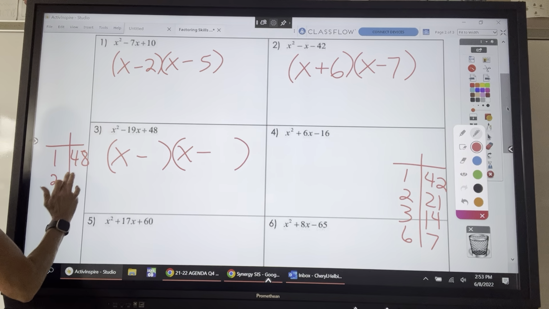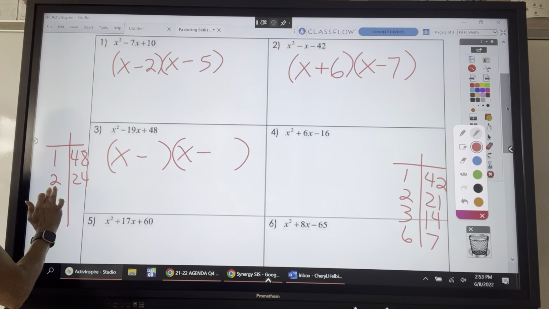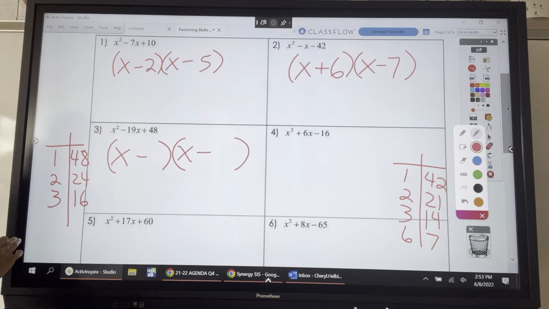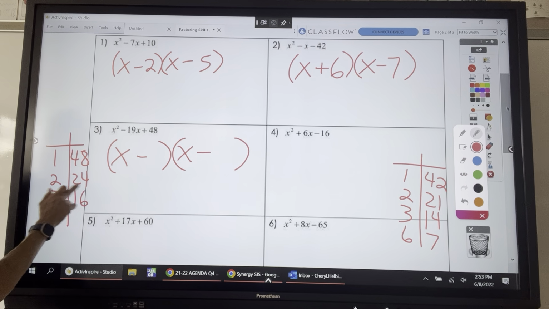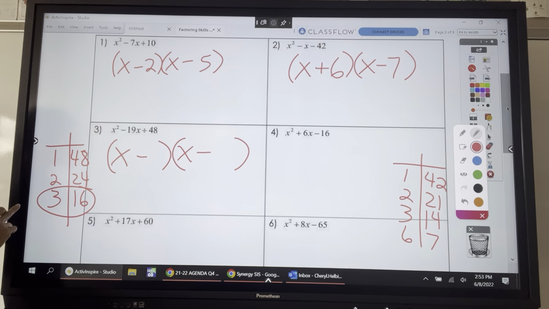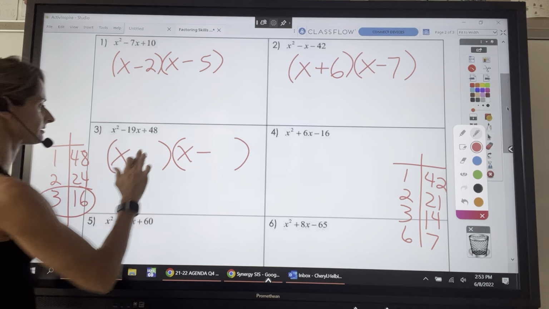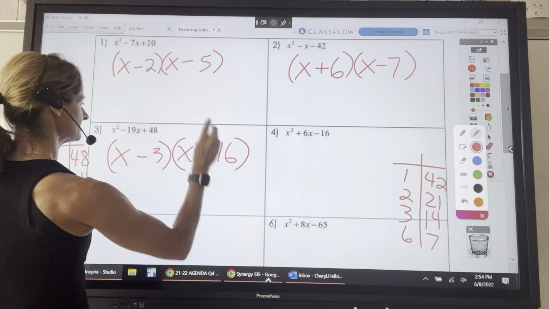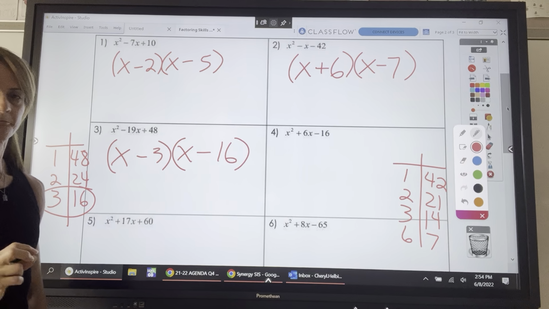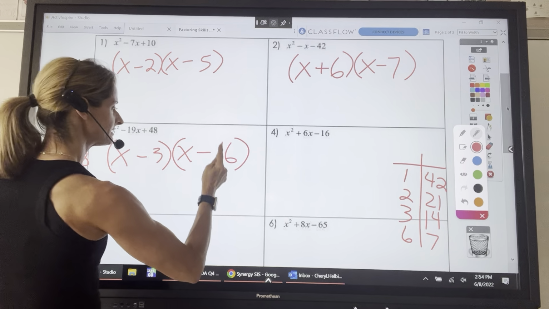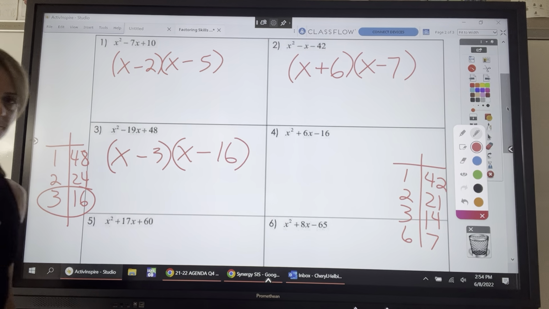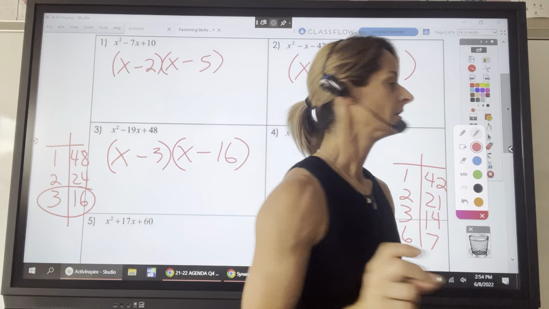All right, what about 2 and 24? 3 and 16. 3 plus 16 is 19. So -3 times -16 is +48, and -3 plus -16 is -19. How are we doing? Good.